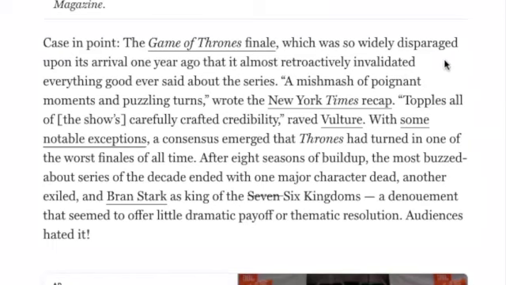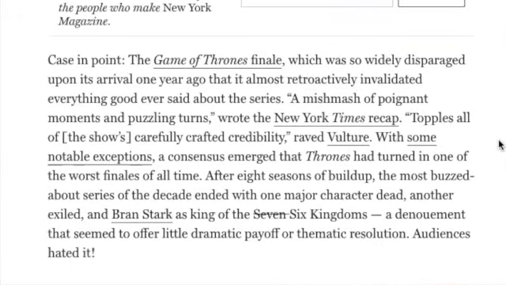So they're saying that people, including Vulture and the New York Times, didn't love it at the time. With some notable exceptions, a consensus emerged that Thrones had turned in one of the worst finales of all times. Here, with some notable exceptions, they're doing a thing where they're acknowledging that there's opposition. They're like, oh, yes, some people didn't think this, so I'm acknowledging that, but I'm going to go on and argue that most people, a consensus, thought that it was bad.